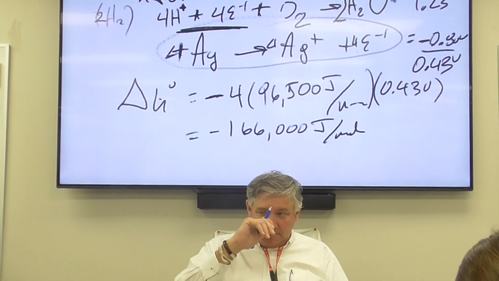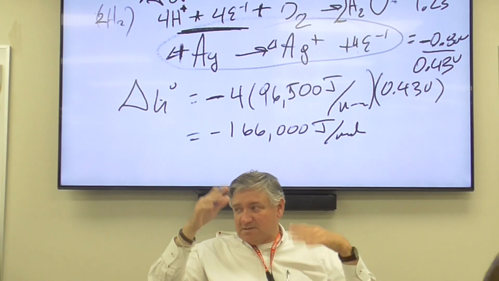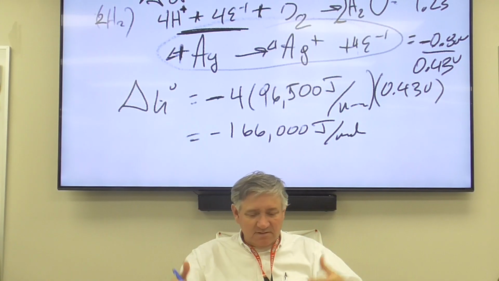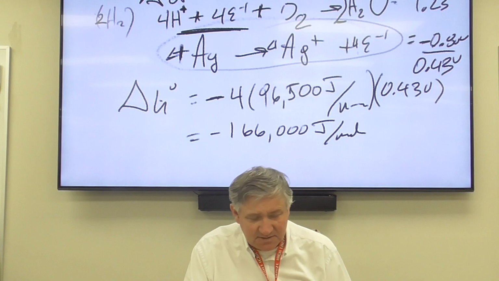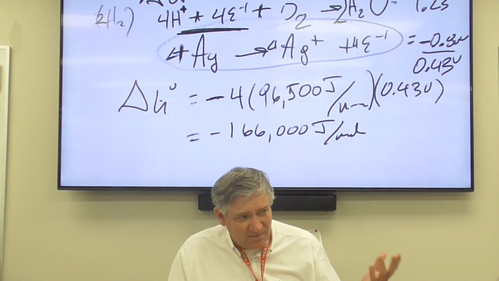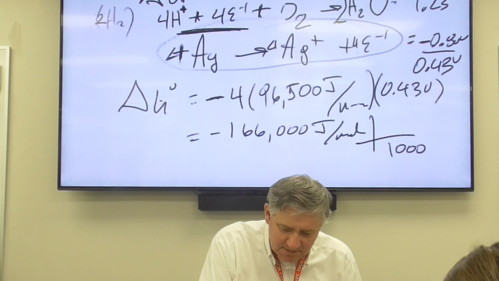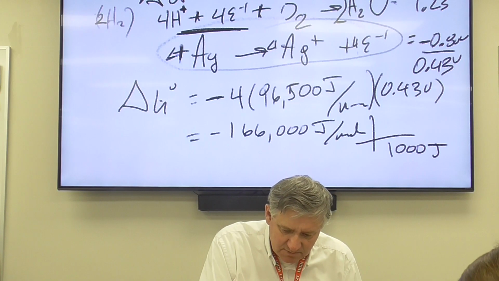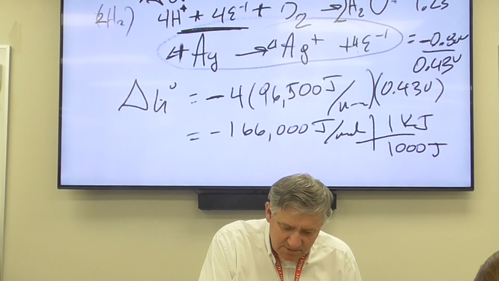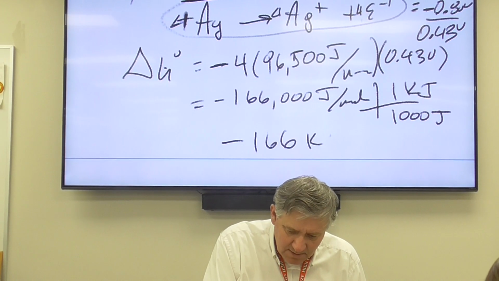A lot of times, eventually we're going to be looking at charts of Gibbs free energy. Most of the time, you're going to see Gibbs free energy expressed in kilojoules because they're really big numbers. So if you do a simple division and divide by 1,000, because there's 1,000 joules in 1 kilojoule, then you get negative 166 kilojoules.